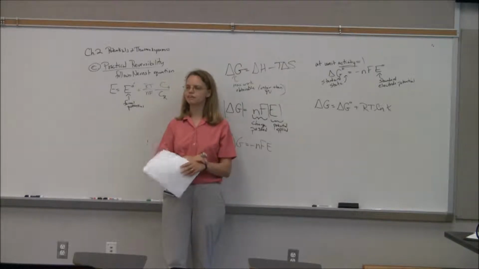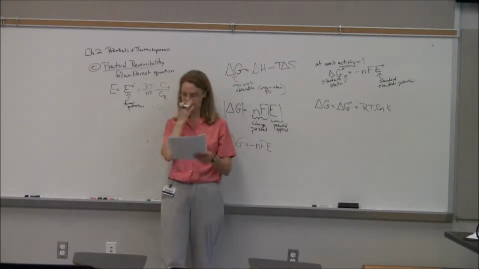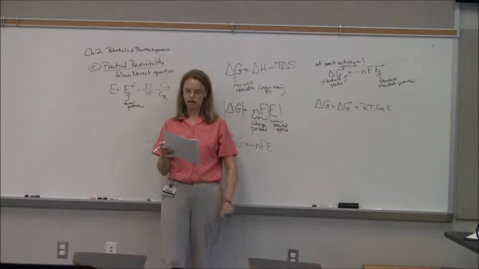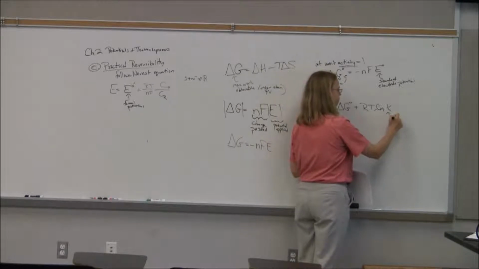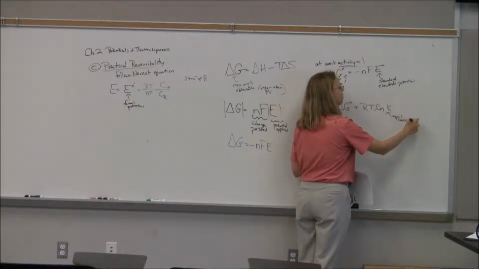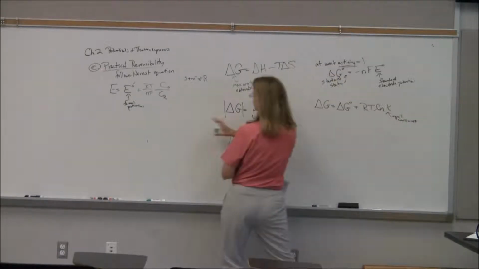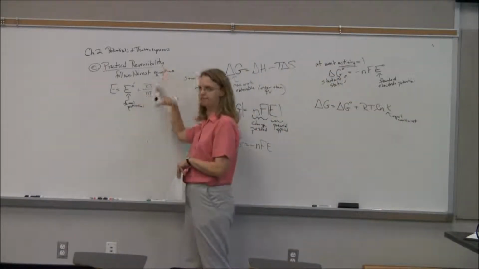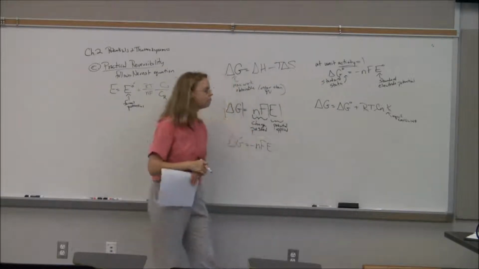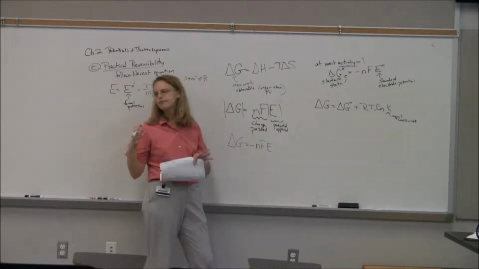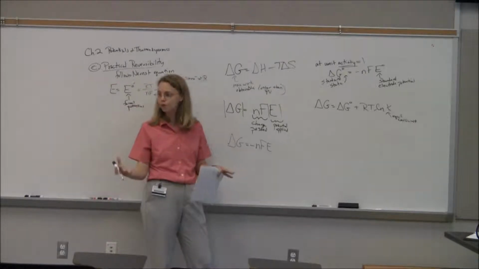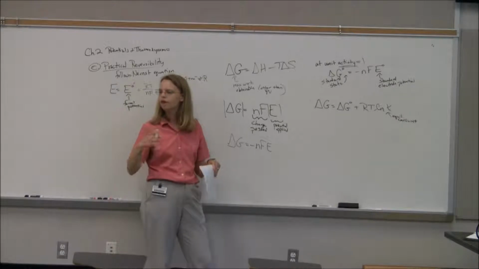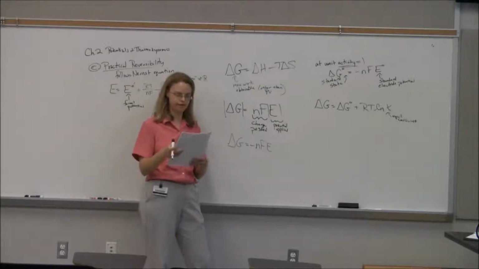Delta G is equal to delta G0, the standard thing, plus RT times ln of K. So this is our equilibrium coefficient, which we did in concentration, something like that. It allows us to change around the concentrations so not all of them are at unit activity, and that tells us how much delta G is going to vary from the standard.